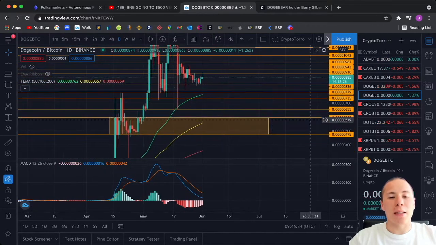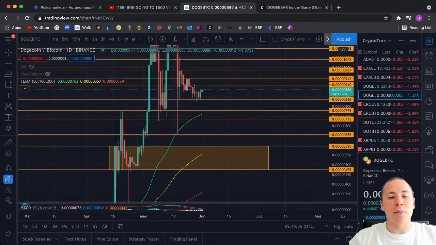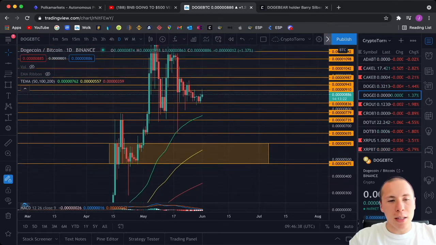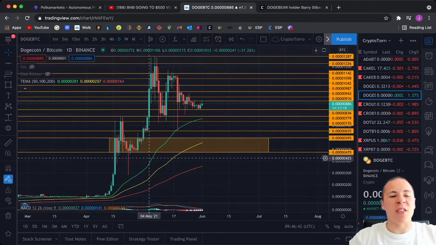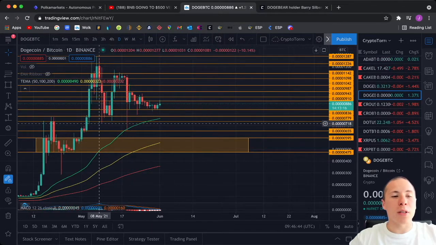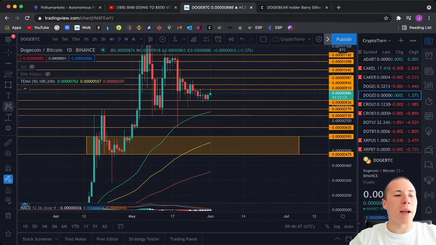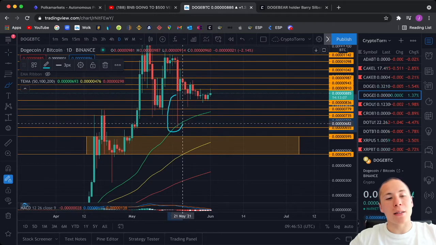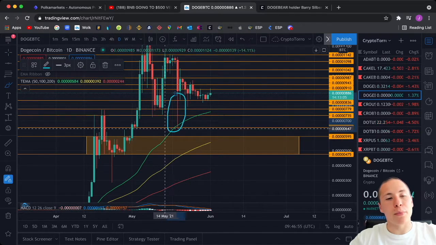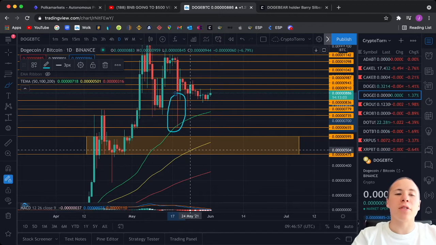What we are seeing is that if we make this a little bit smaller, the moving averages are serving as a major level of support, especially once we saw this big wick towards the downside on the Dogecoin chart. On the price action, it found support on top of the 50-day moving average compared to Bitcoin.